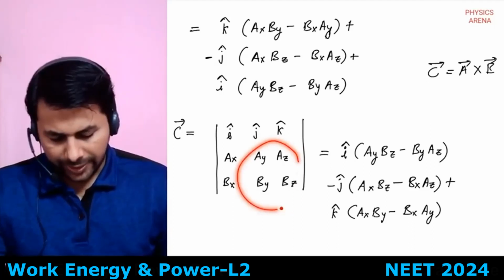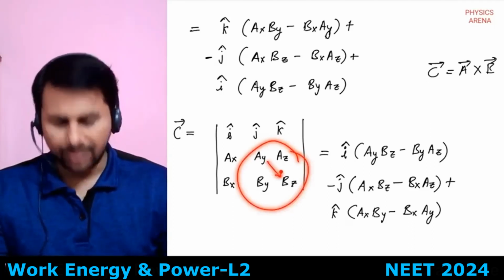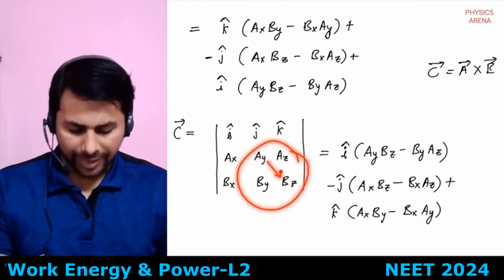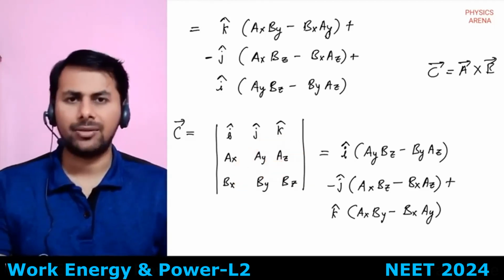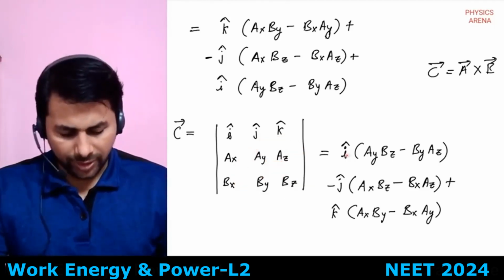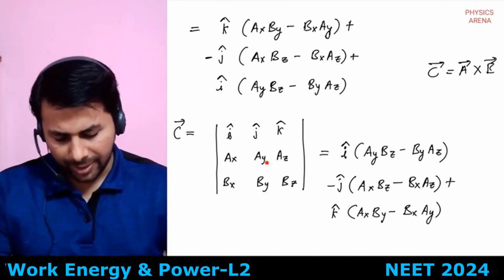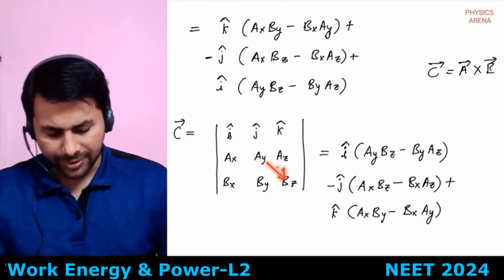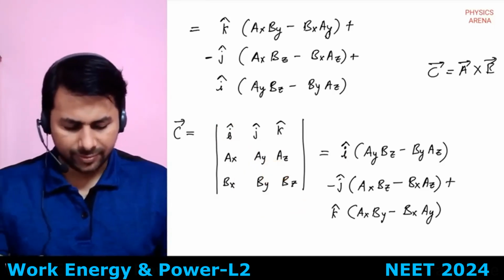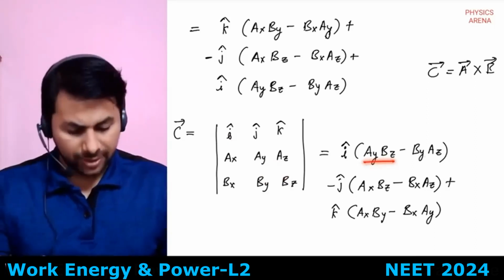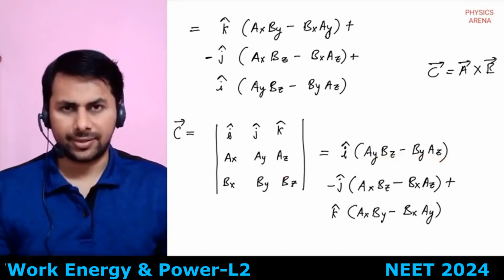Take ay multiplied by bz minus az multiplied by by. So you will have i cap multiplied by (ay times bz minus by times az).